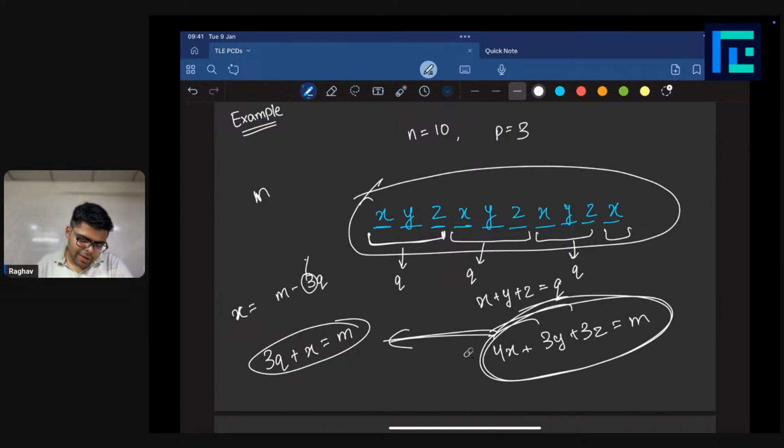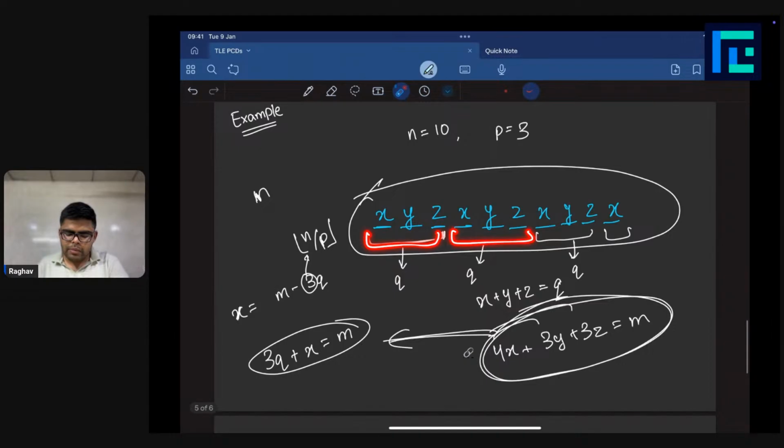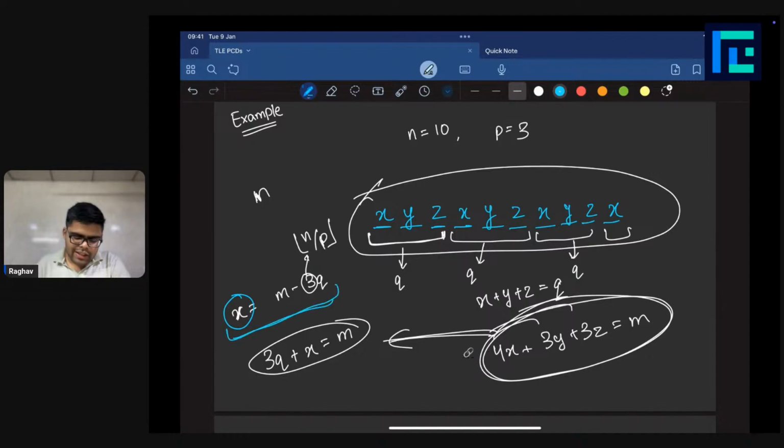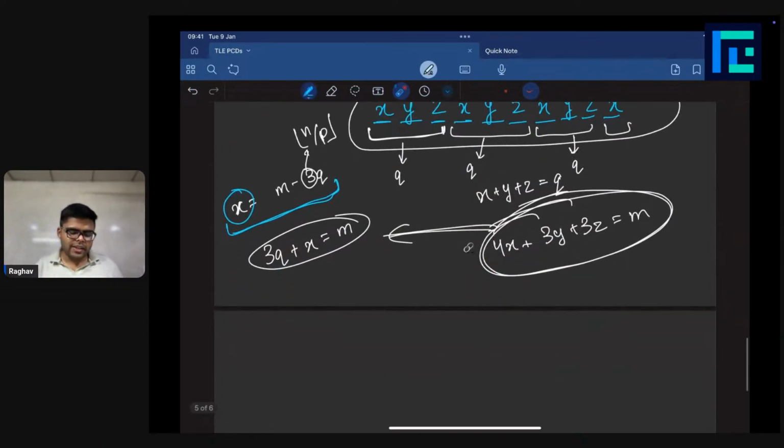This 3 came by the logic of n by p, the number of times I will have p consecutive elements. I know their sum would definitely be equal to q. So I can just choose a value of x such that this thing is satisfied. Now, once I choose the value of x, I can choose some values of y and z such that this condition is also satisfied. So both of these conditions would be satisfied at the same time. Is it making sense?